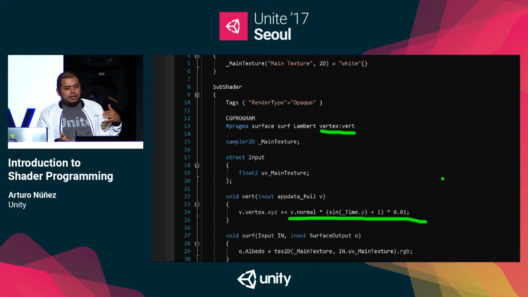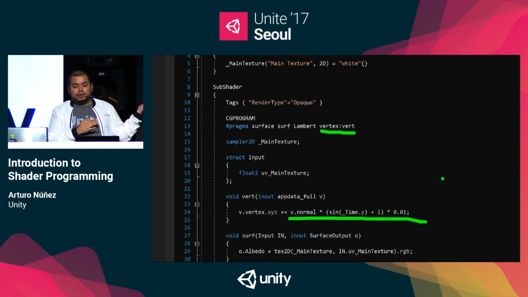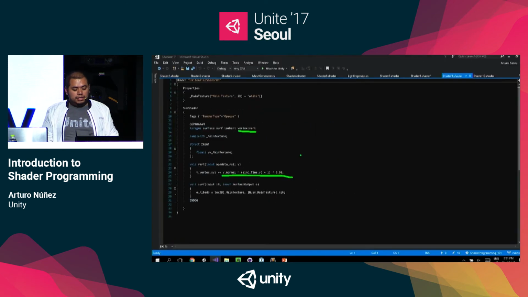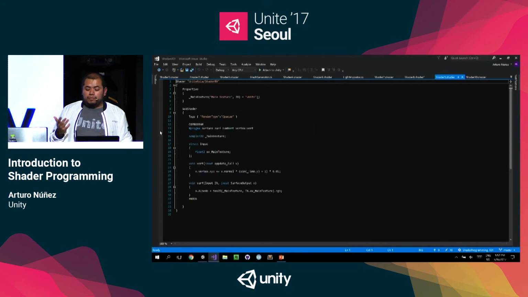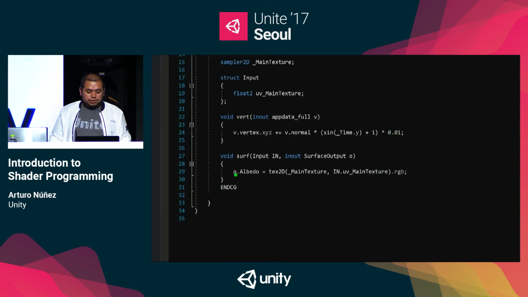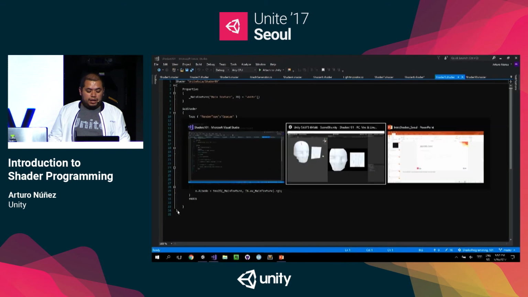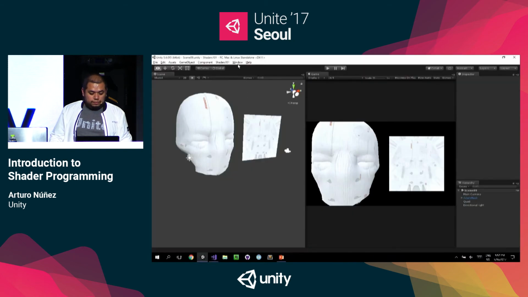Similar to what I did with the grass example, but in this case on a more complex 3D model. Here I'm returning, again, just the color of whatever I have stored in my texture.